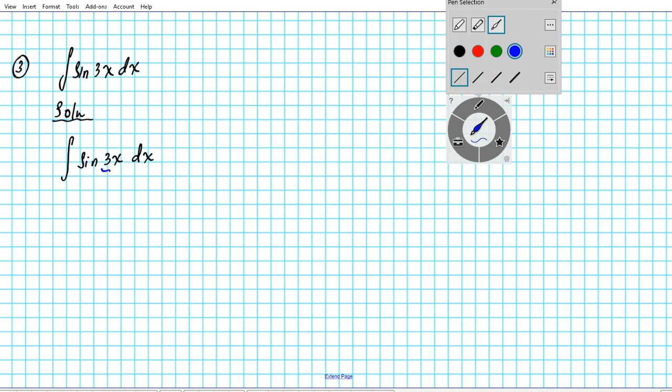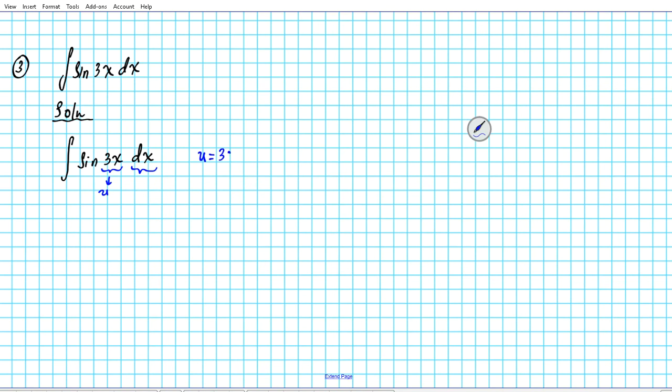If the inner function of the composite is u, then what is dx going to be? Well, let's figure that out. If u is 3x, you differentiate both sides, du is going to be 3 dx. Okay? So if du is 3 dx, what is dx going to be?